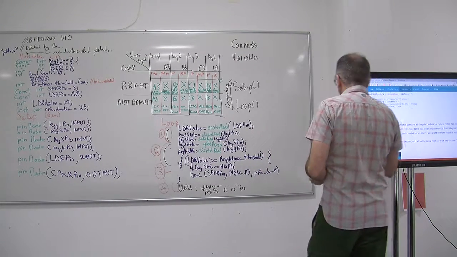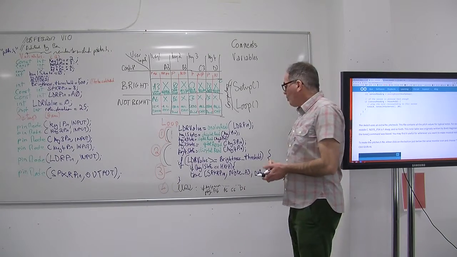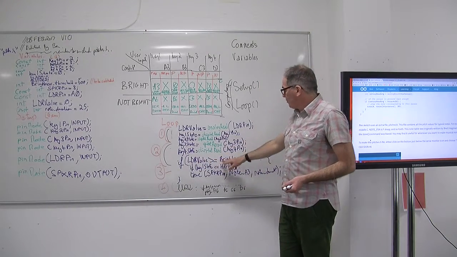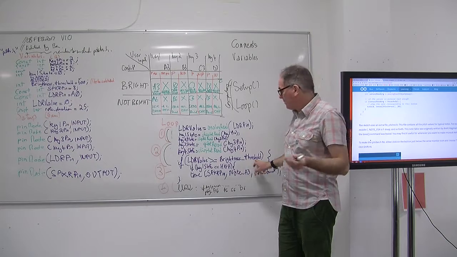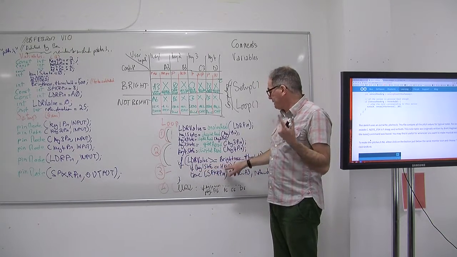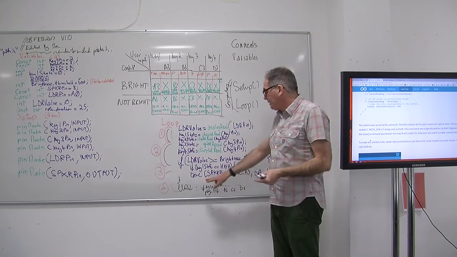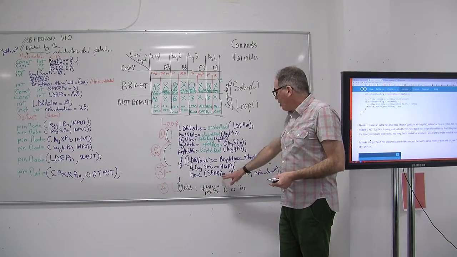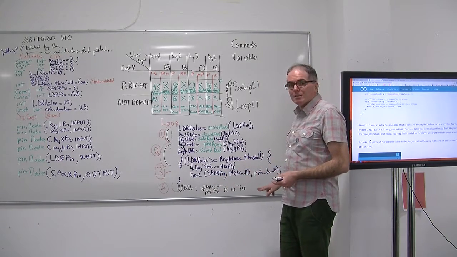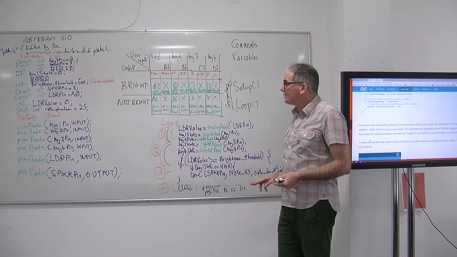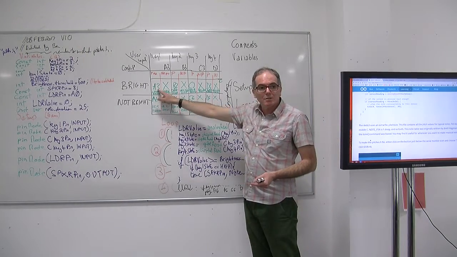And that's it. So, if the LDR value is above the brightness threshold, that means it's bright. If key 1 state is high, that means the button 1 has been pressed. You play on the speaker the note A3 for 25 milliseconds, which is what we want.